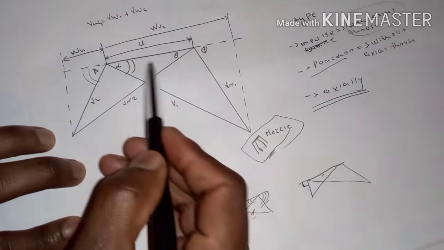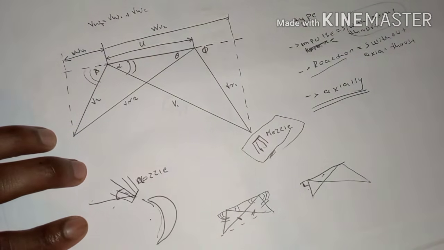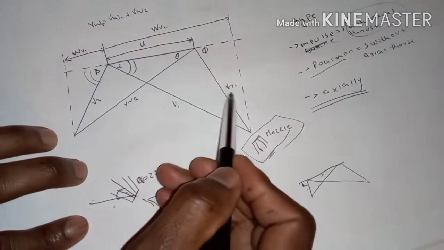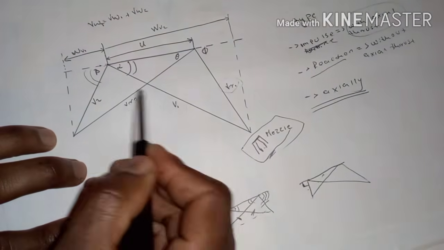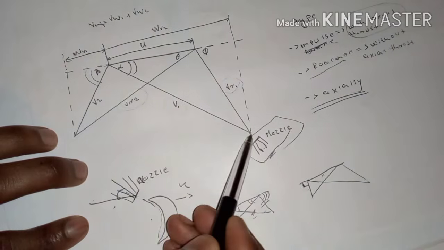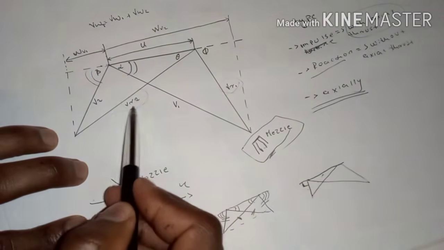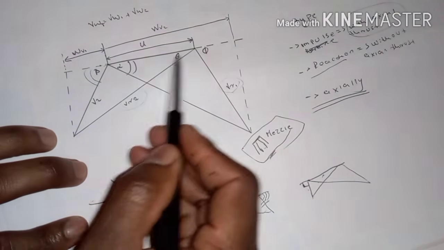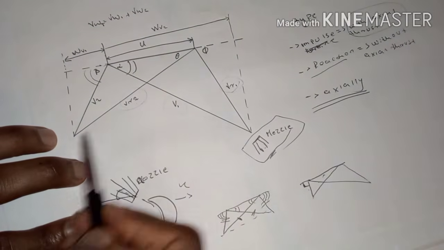And then this U will be the velocity of the blade as it is moving in that direction. These two will be the relative velocities: this is the relative velocity between the inlet angle and the blade, and this is the relative velocity between the blade and the outlet angle.